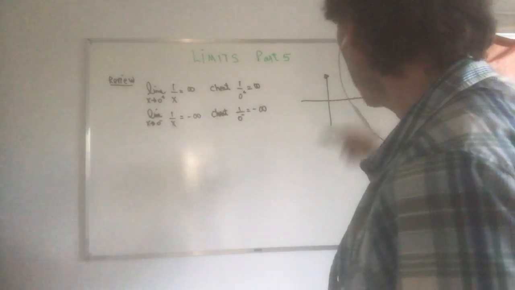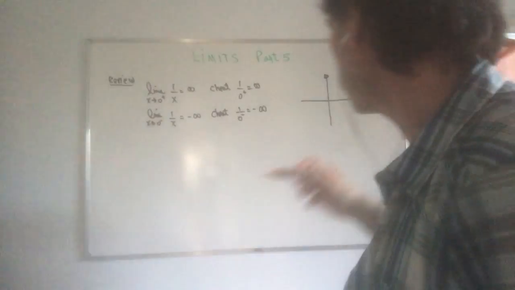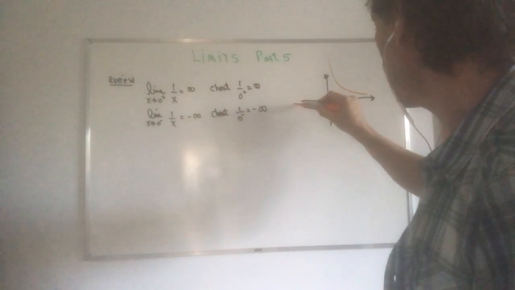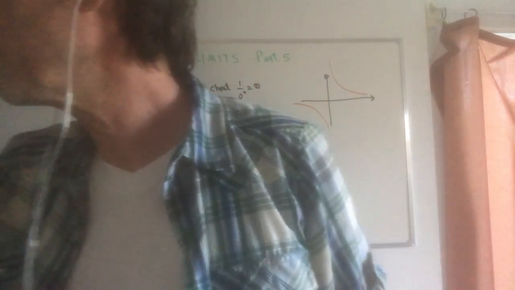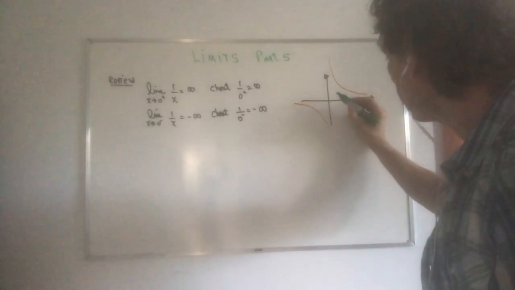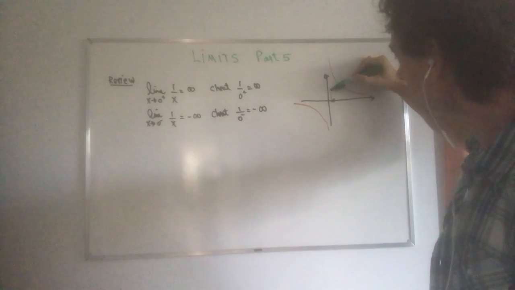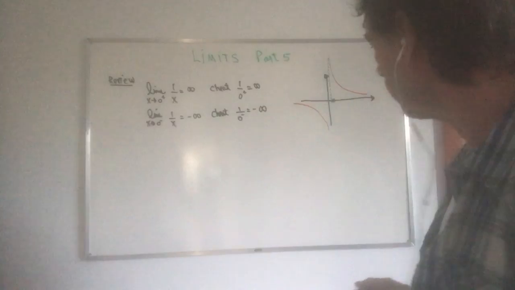It's because the graph of 1 over x is actually shaped that way. As x approaches 0 from the right side, well, where's the y value? It's way up there, and it actually shoots towards positive infinity.